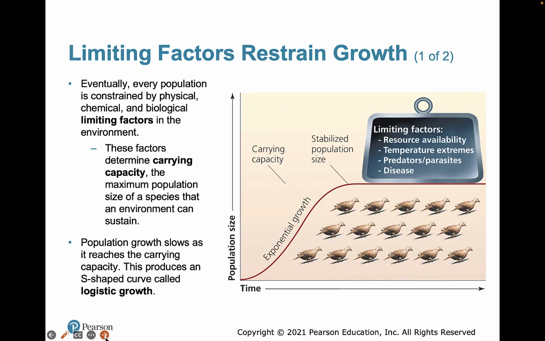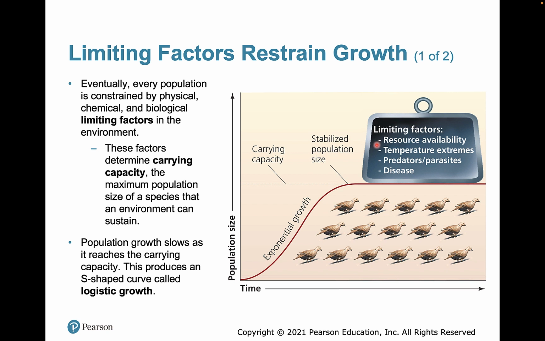It's extremely unrealistic to think that exponential growth is going to continue forever, because every population is constrained by limiting factors that limit the growth of a population. They can be physical, they can be chemical, they can be biological.